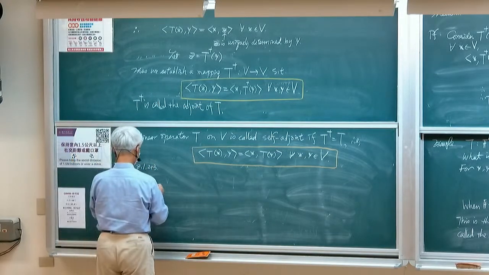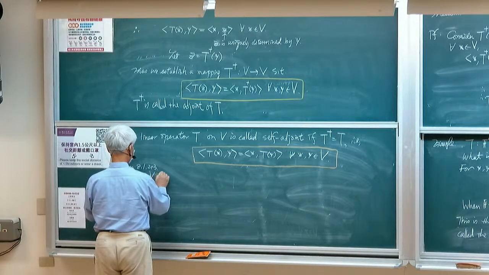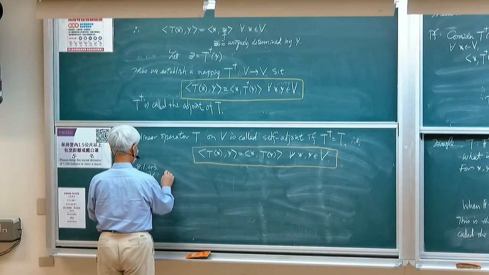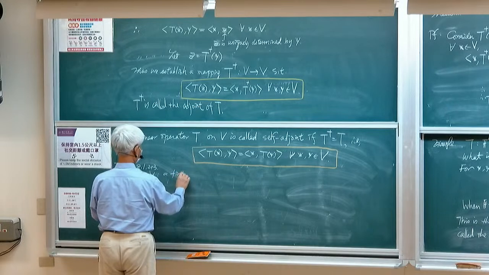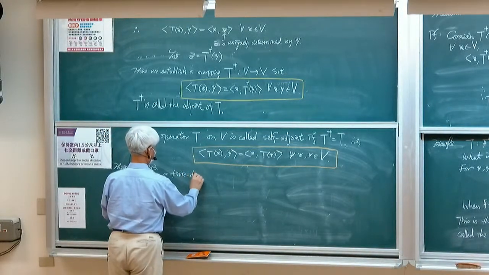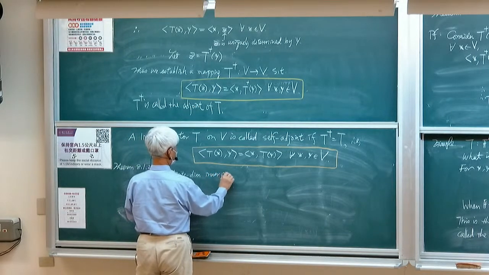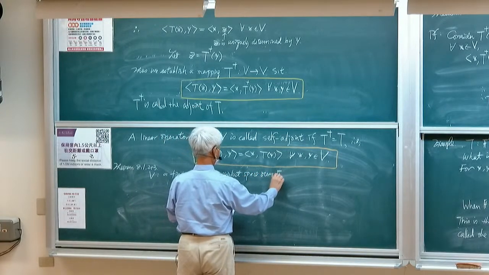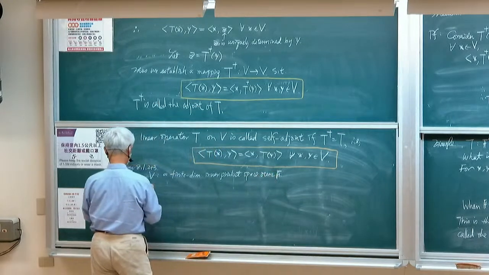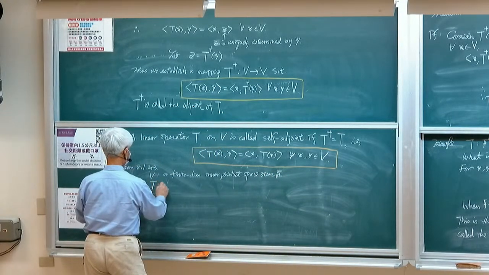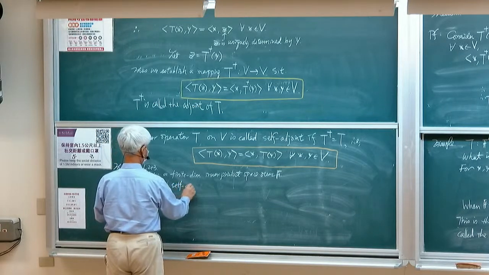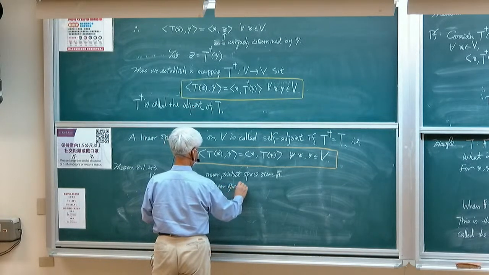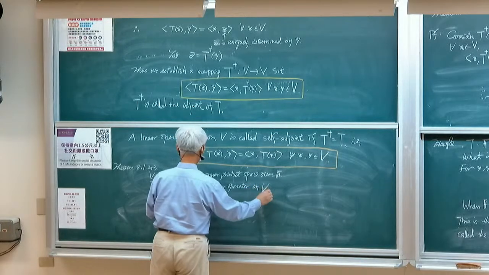So suppose that V again is a finite dimensional inner product space over F. And T is a self-adjoint linear operator on V. Okay.